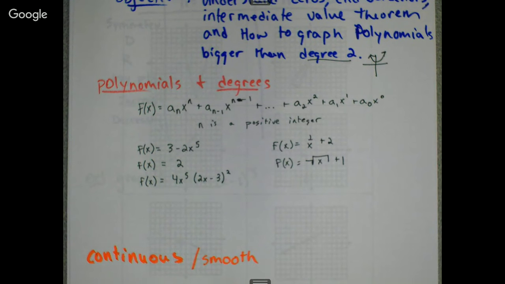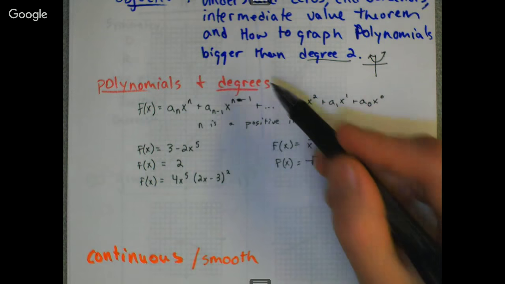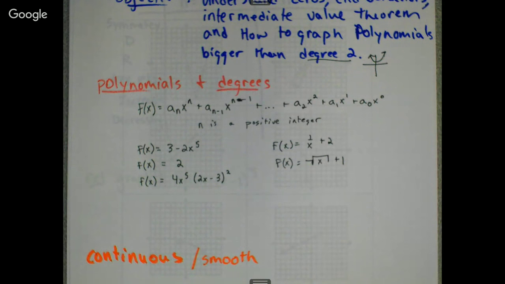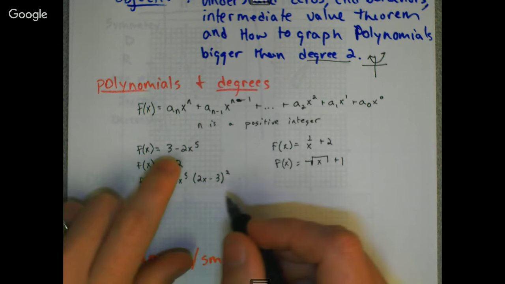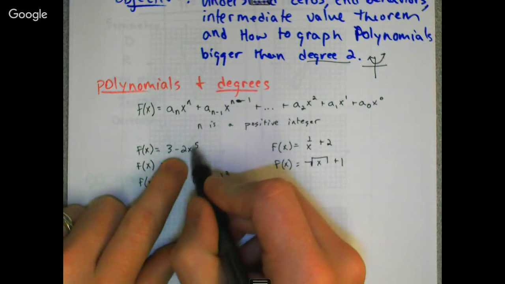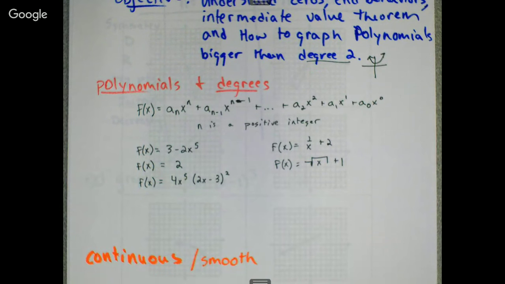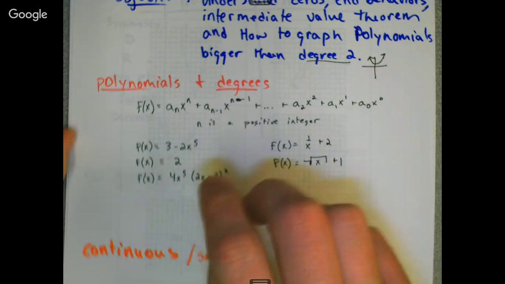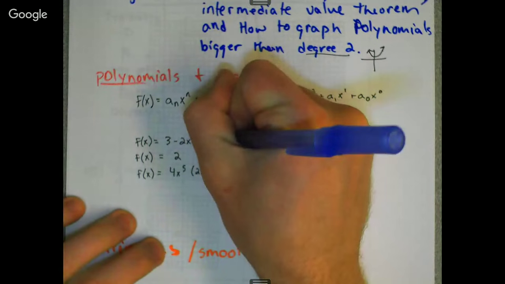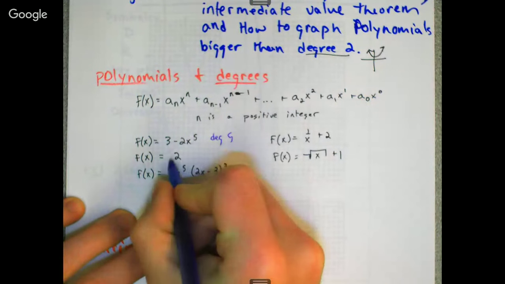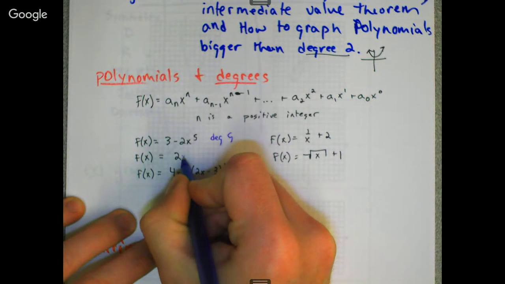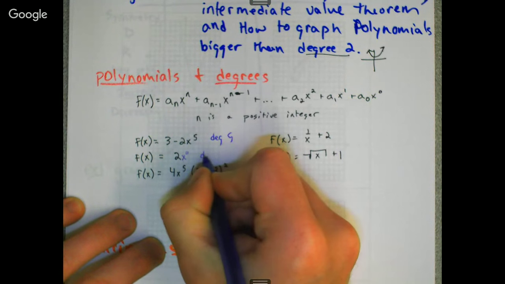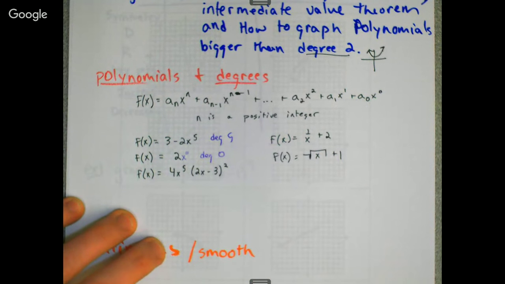Okay, so we also want to talk about degree. Degree is the highest exponent on your variable. So like this here, the highest one is a 5, so this is degree 5. This one, I don't have an x, but if I did, it'd be x to the 0, so that's degree 0.